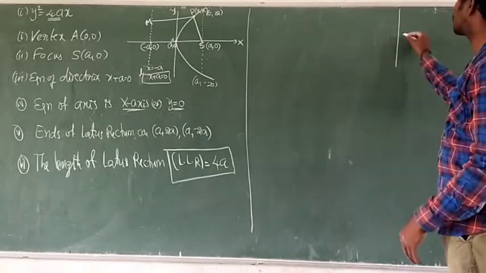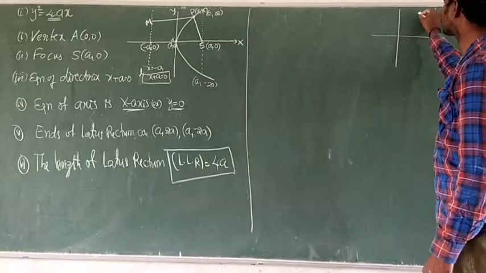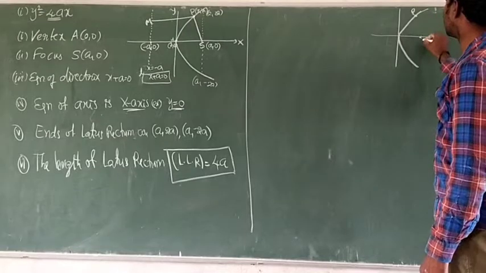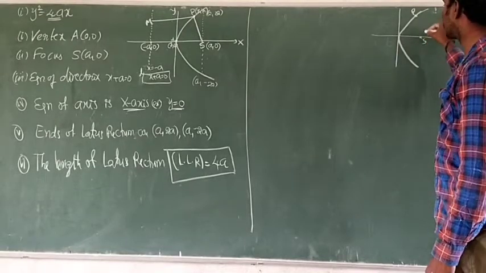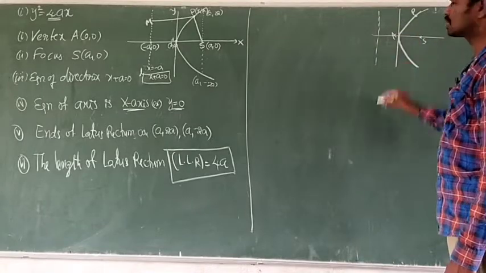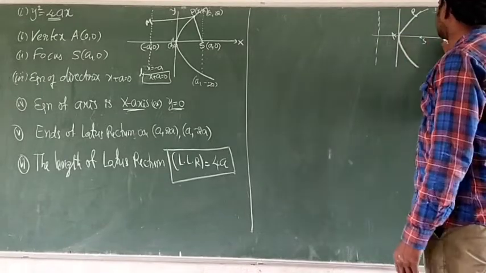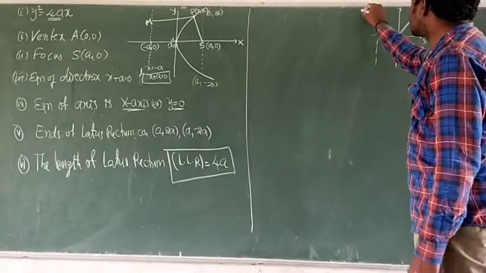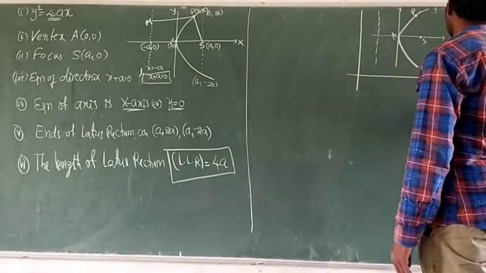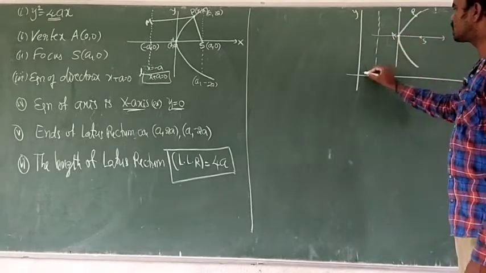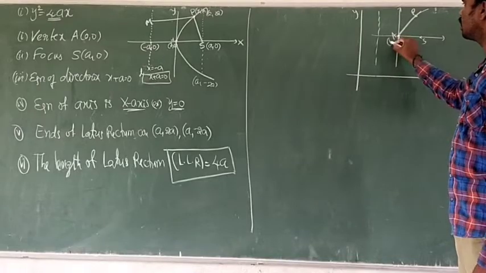First I am drawing the same diagram: P, S, directrix line, and this is the vertex. In the previous question this was taken as the x-axis and y-axis. Now it is moved. This is the x-axis, this is the y-axis. Means the vertex is shifted from (0, 0) to (h, k).